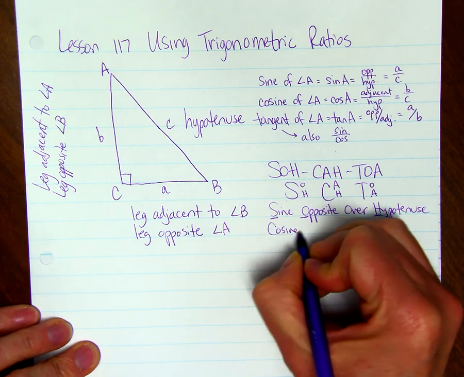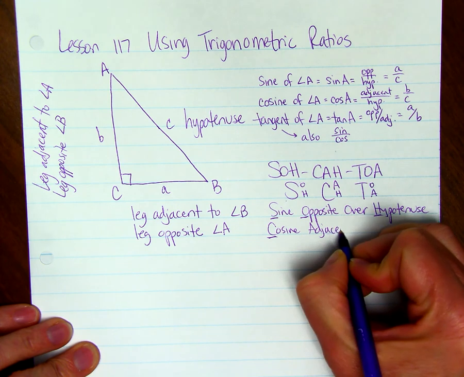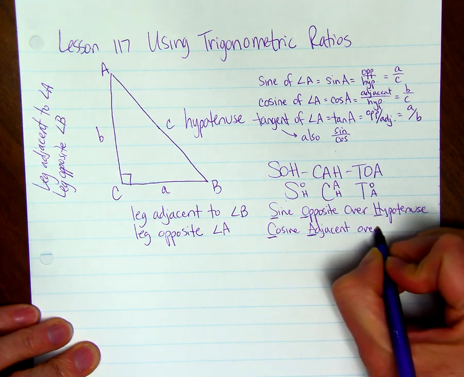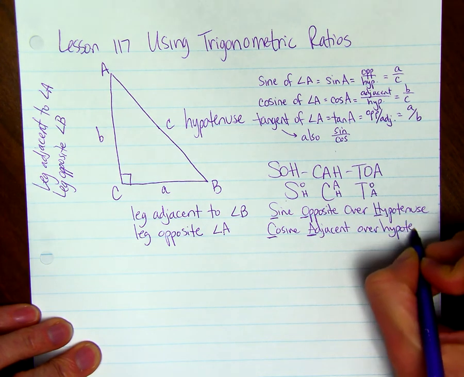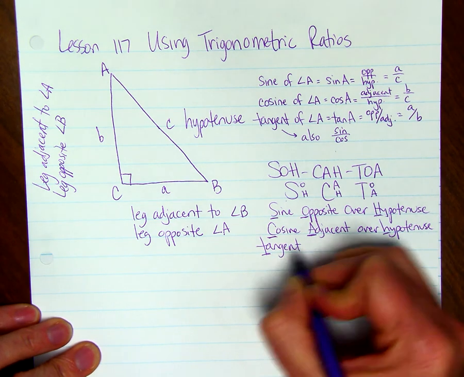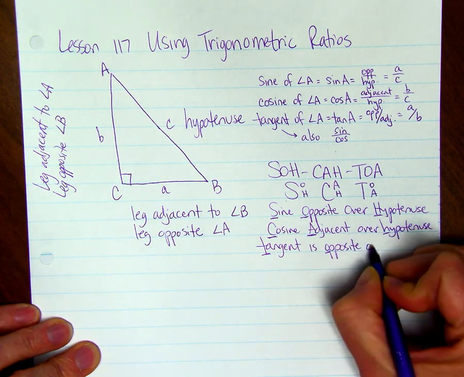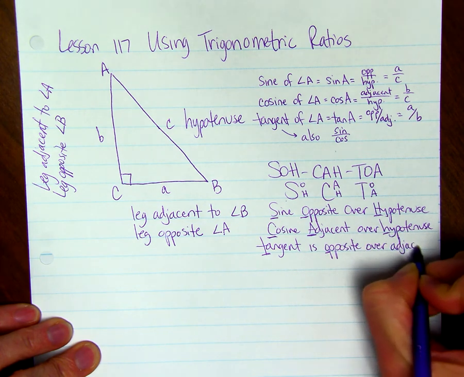The cosine is adjacent over hypotenuse, and tangent is opposite over adjacent.